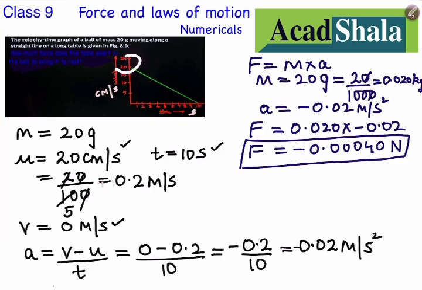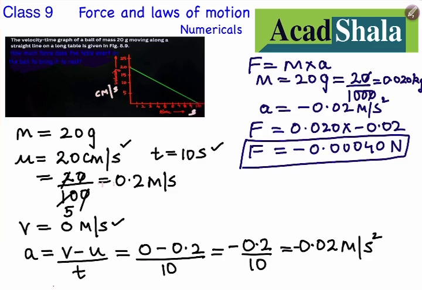The initial velocity is 20, that is u, and when the ball comes to rest, the velocity is 0. So u will be 20 and v will be 0, right children? We can also find the time, which comes out to be 10 seconds. This we have understood from the graph.